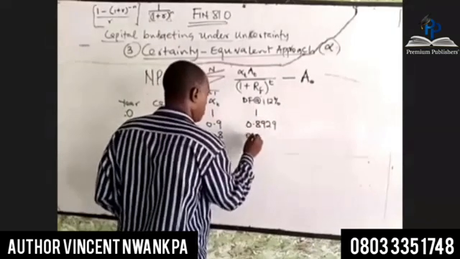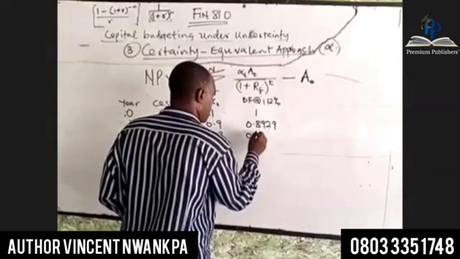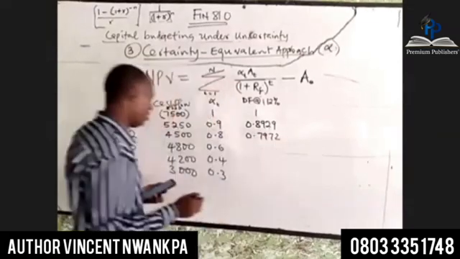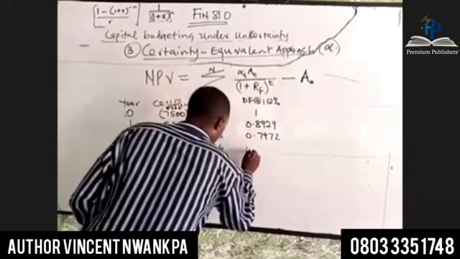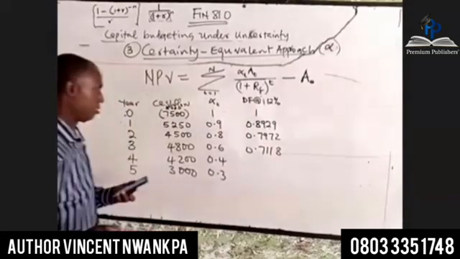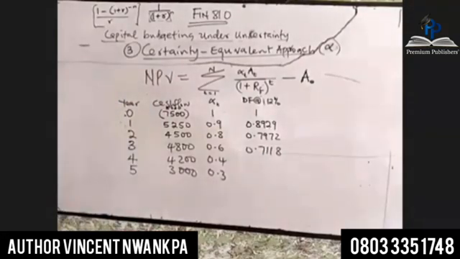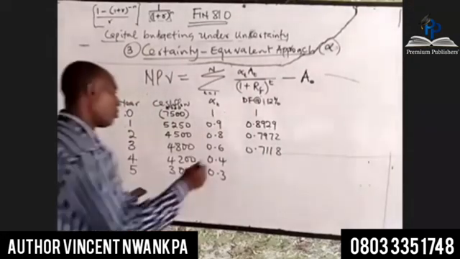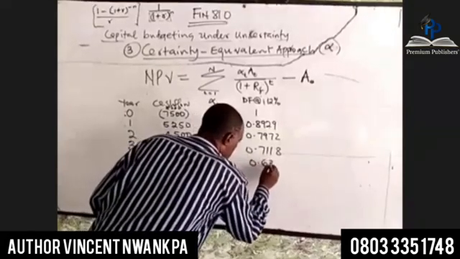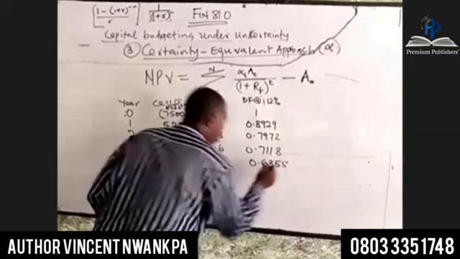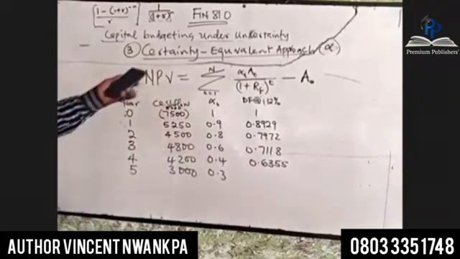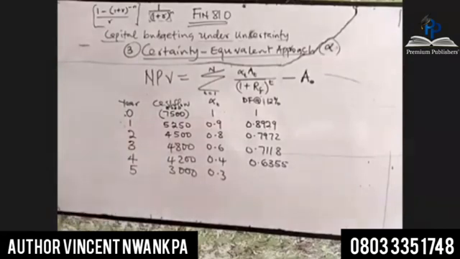Yes. 0.7972. Then 0.7118. You see that one stops at year 4. So let's take year 4: 0.6355. Divide this one now by 1.12, since it's 12%, to get year 5.